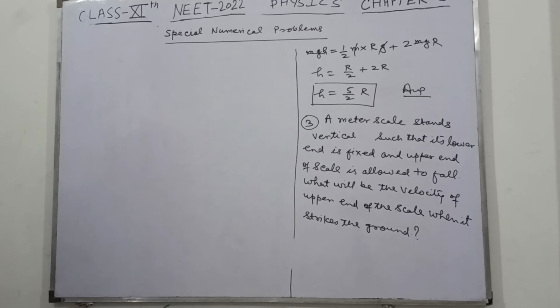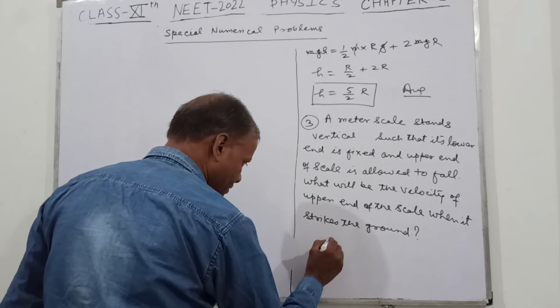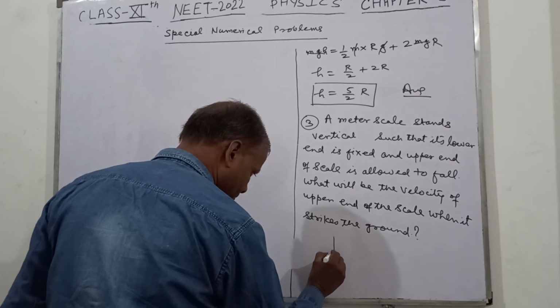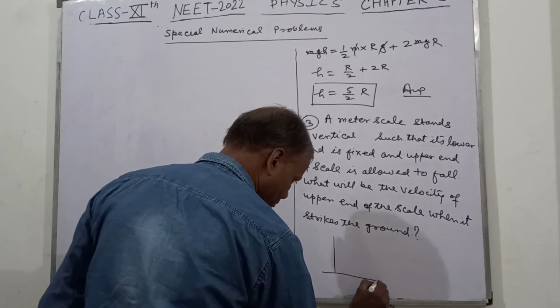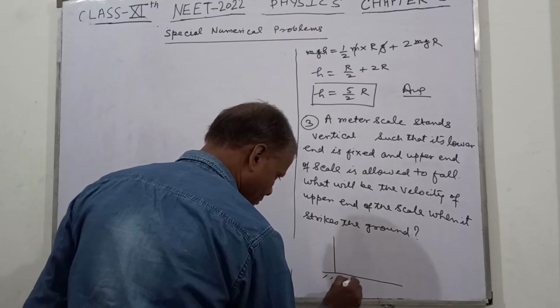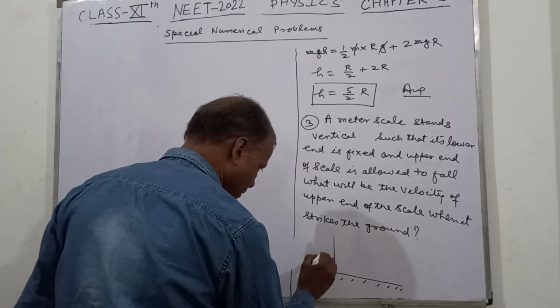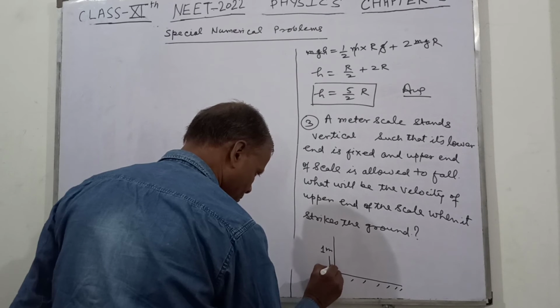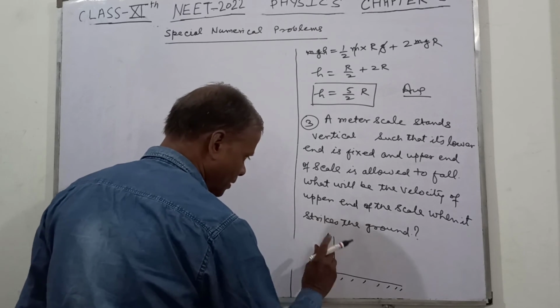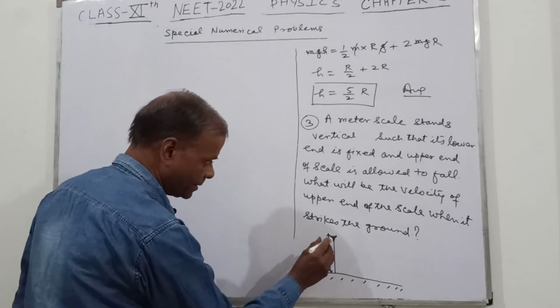So now, this is a meter scale, this is the ground, and this is 1 meter. Now it falls like this.